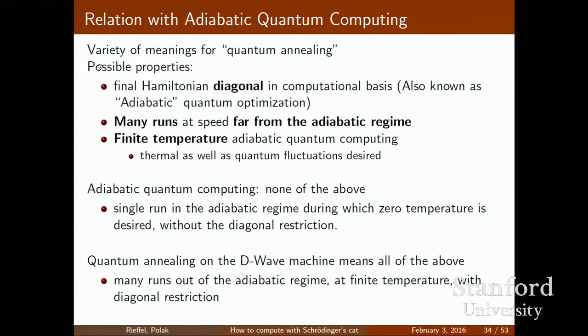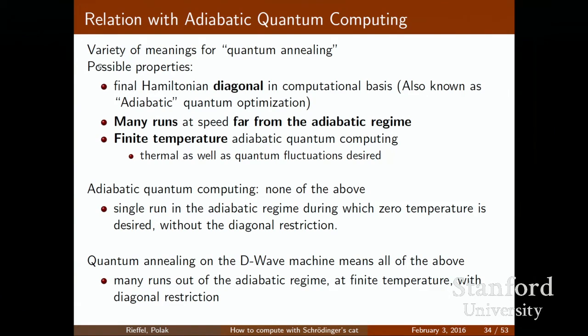So I want to make clear what the connection is and the differences with adiabatic quantum computing. There are a variety of meanings for quantum annealing. For example, the final Hamiltonian in an adiabatic quantum computation can be quantum. It doesn't have to be an analog of a classical cost function, and that allows you to do much more complicated things.